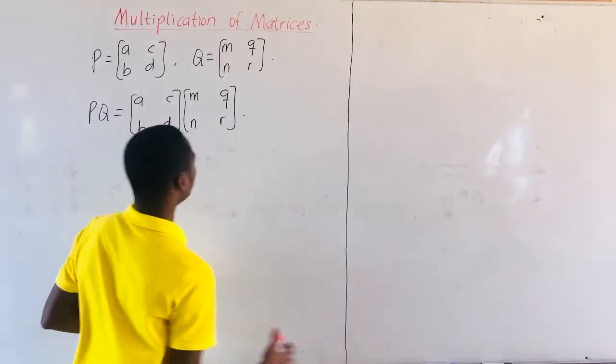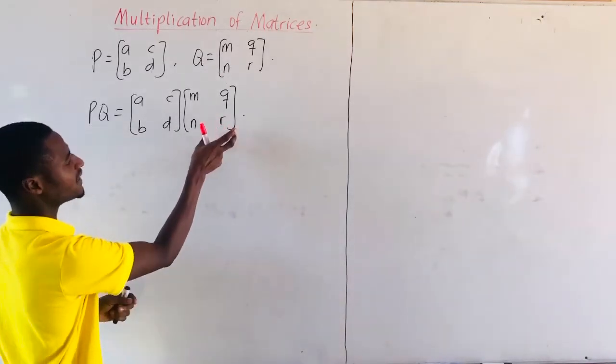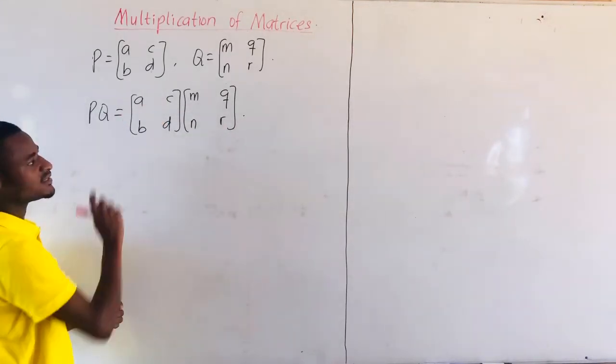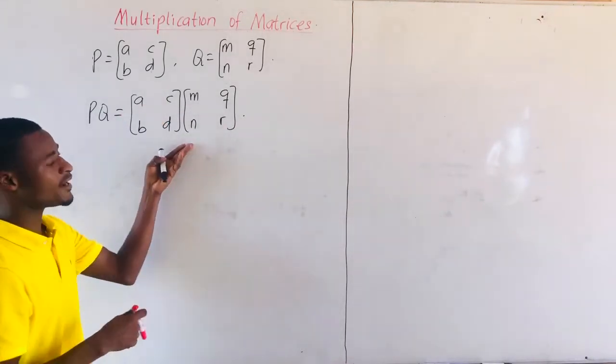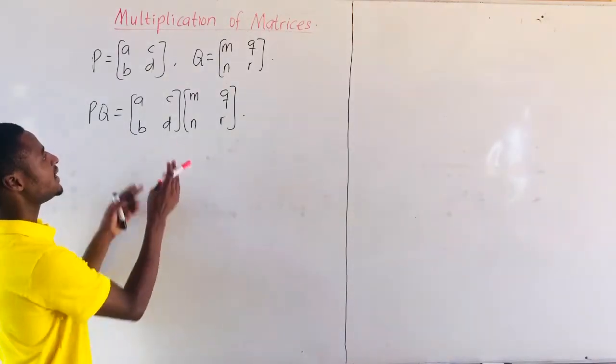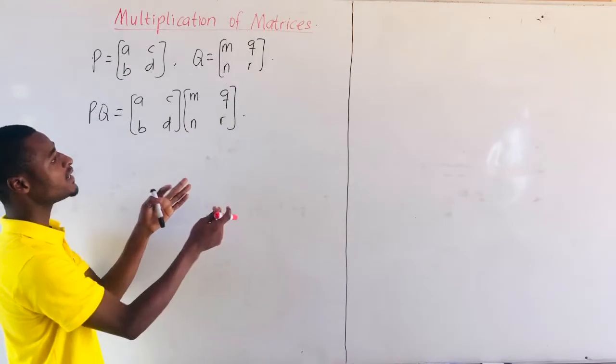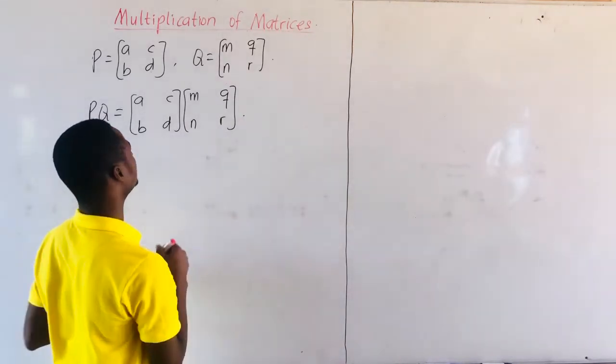We multiply the columns in the second matrix by the rows in the first matrix. And so before we multiply, we must make sure that the number of rows in the first matrix is equal to the number of columns in the second matrix.